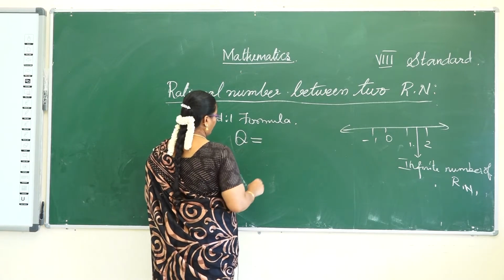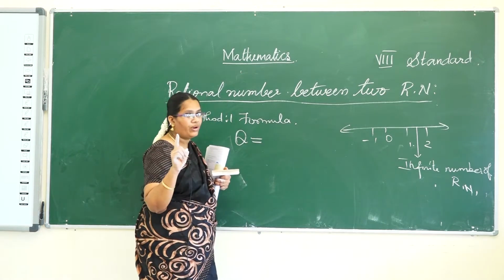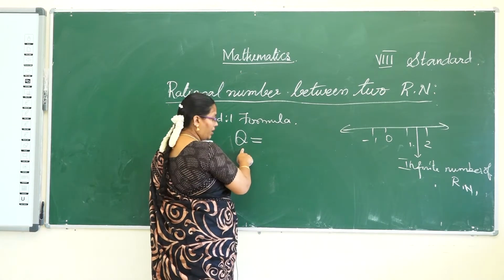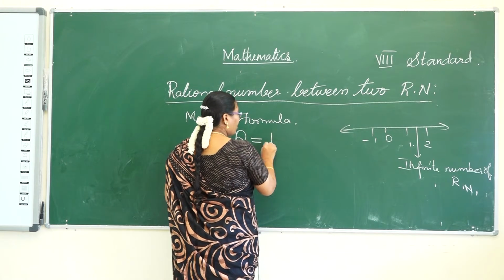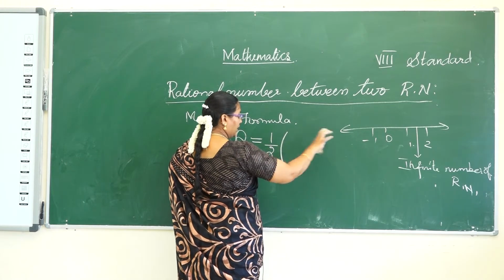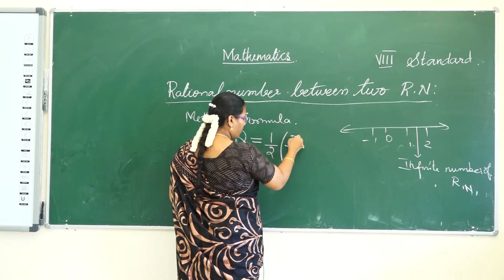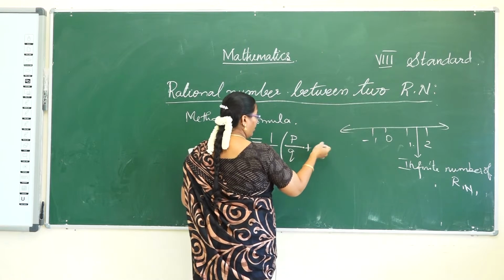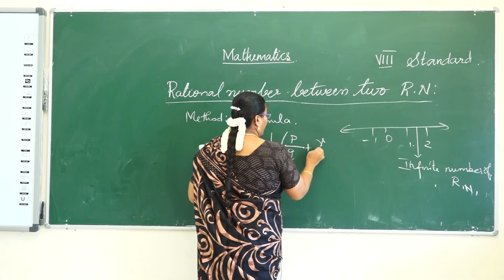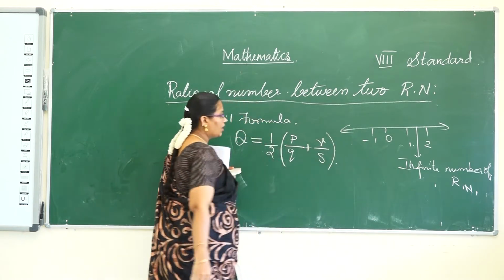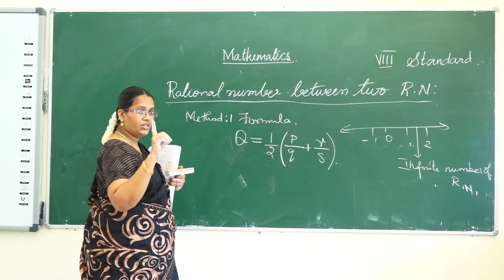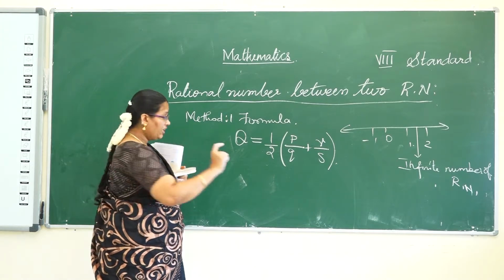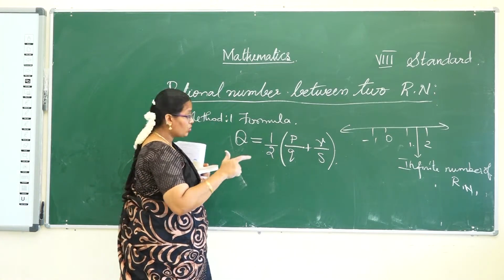So, Q is equal to 1 by 2 times, considering the two rational numbers, the first rational number P by Q plus the second rational number R by S. Okay. Substitute the values, we get the first rational number between these two numbers.